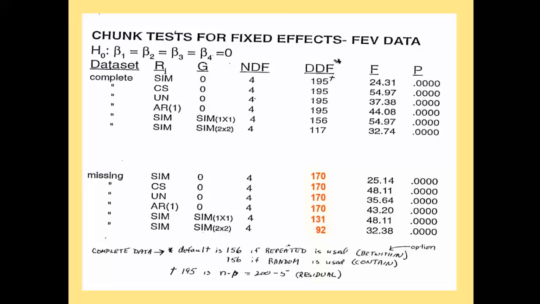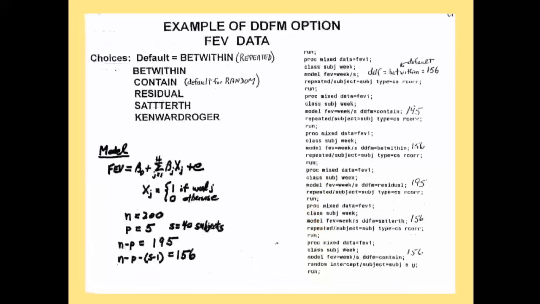If you don't say DDFM equals residual, if you don't actually write that, there is a default that the computer uses, and it doesn't use residual. It does something called between within. On the next slide, I've actually got different options for what you might write.